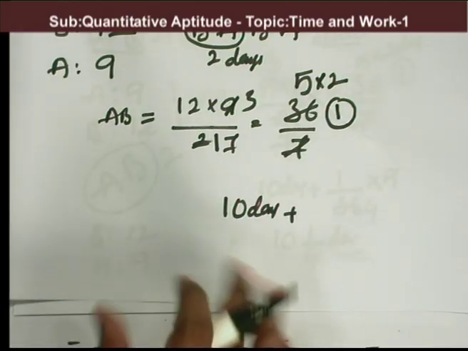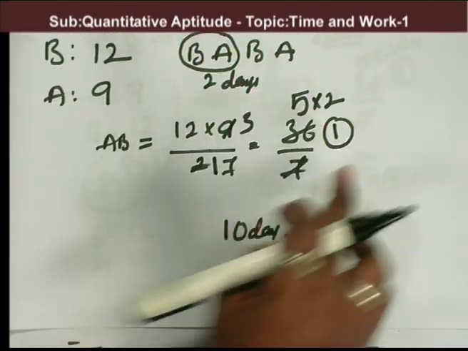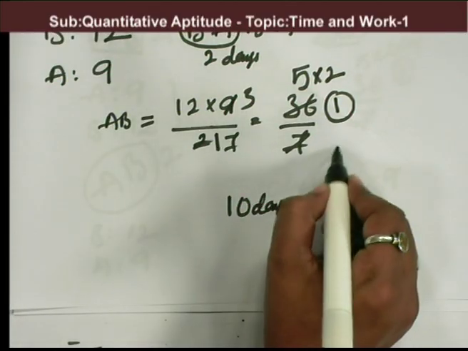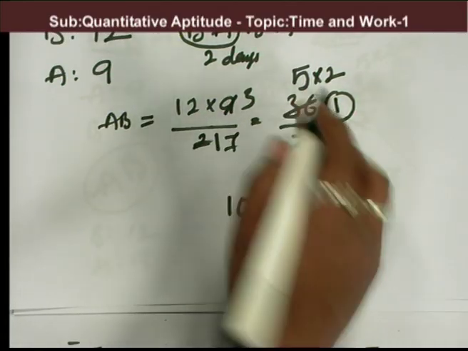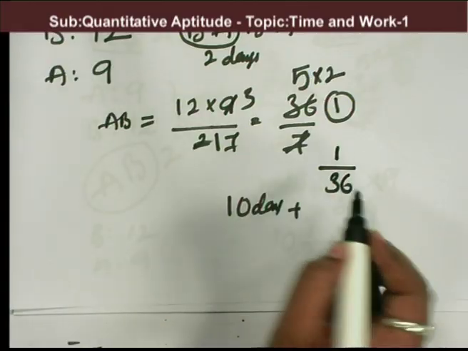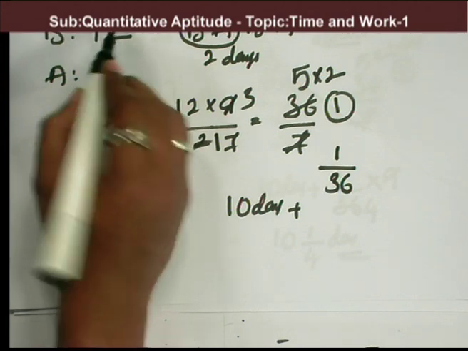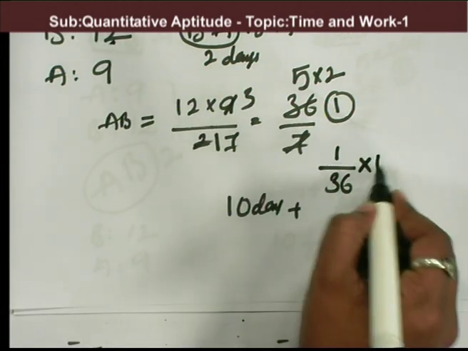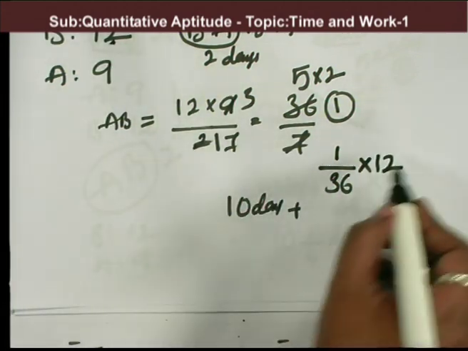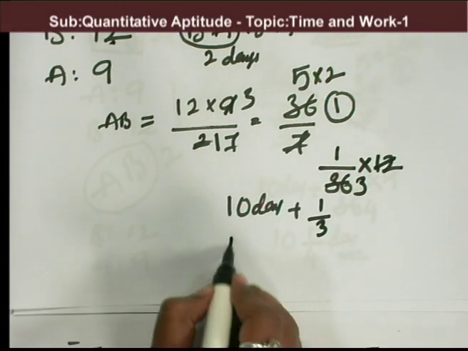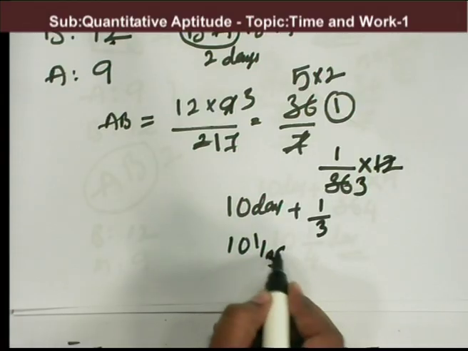How much work will remain? 1 part of the work remains, out of 36. The condition is who begins the work? B begins the work. So now B takes 12 by 36, the value is 1 by 3, so 10 1 by 3 days.